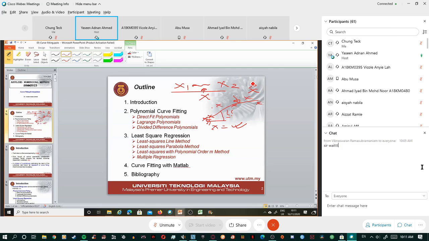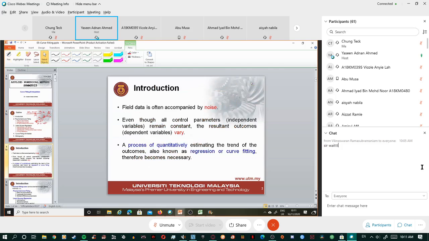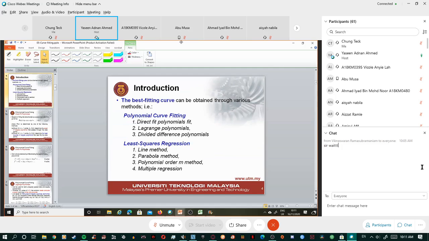Anyway, we have two different types of thing. One is curve fitting, another one is least square regression. How are these tools different? In my video, I already mentioned that. For example, in short, if you have two data points, you can make one straight line.